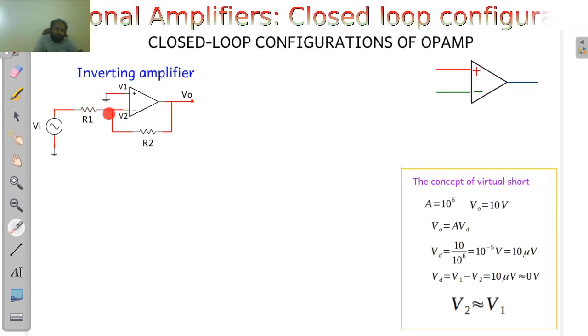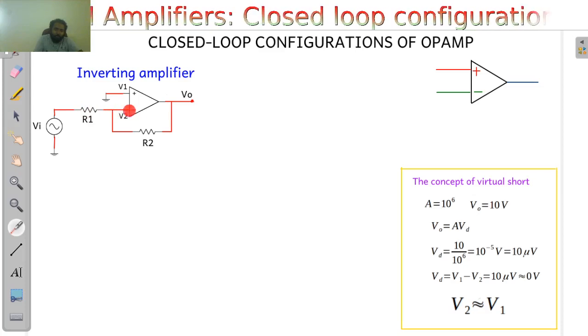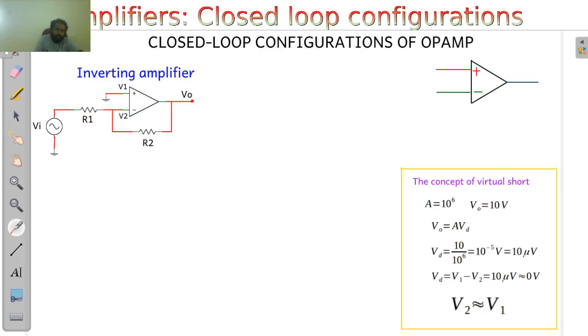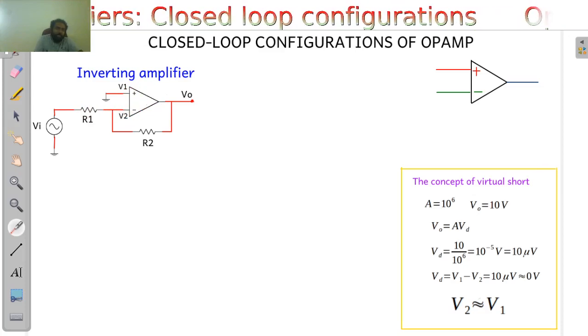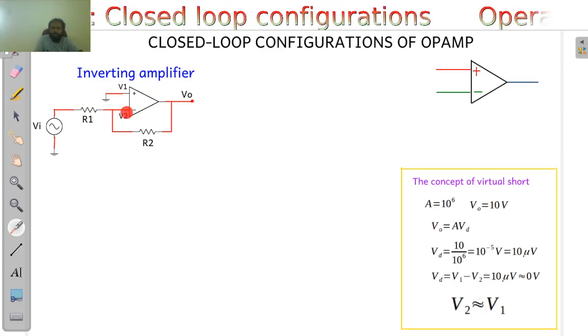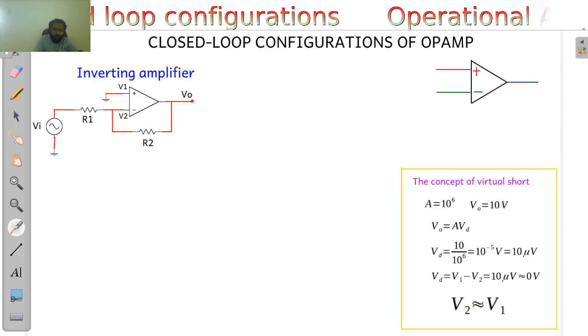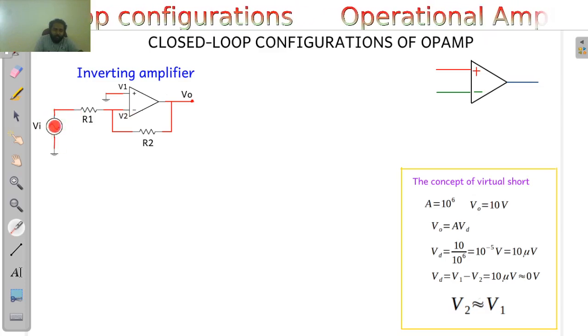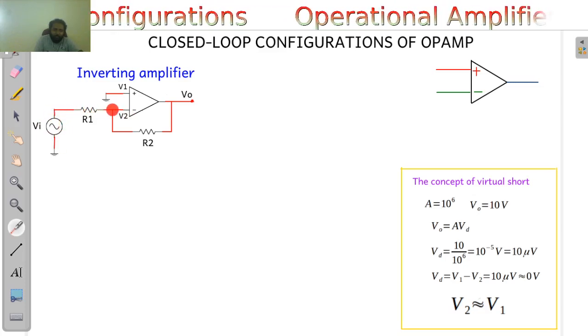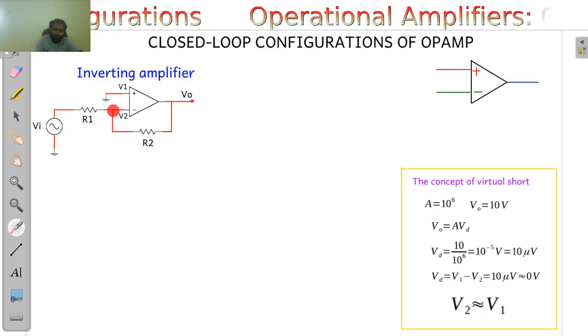Whatever current comes here cannot flow into the operational amplifier, so the operational amplifier doesn't take up much current. Whatever be the voltage that is being applied, the current due to this voltage source will flow into this point, the virtual ground point.